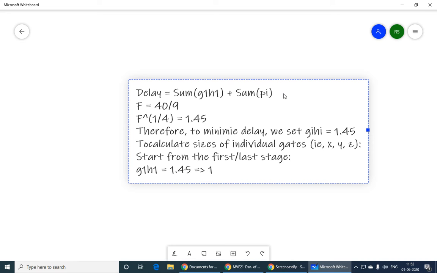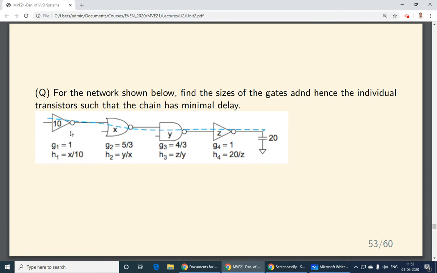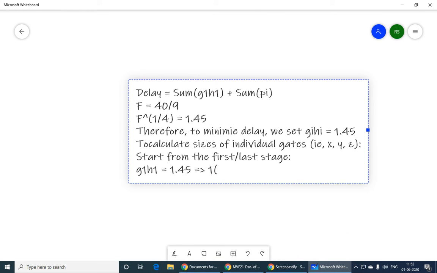It is 1. 1 into H1. Now what is the value of H1 for the first stage? Output capacitance divided by input capacitance. Output capacitance is how much? That is X. Input capacitance is 10. So X divided by 10. And this is the equation that will let us solve for X. What is the value of X? X equal to 10 into 1.45 or 14.5.